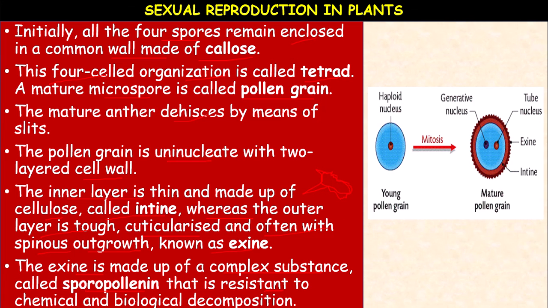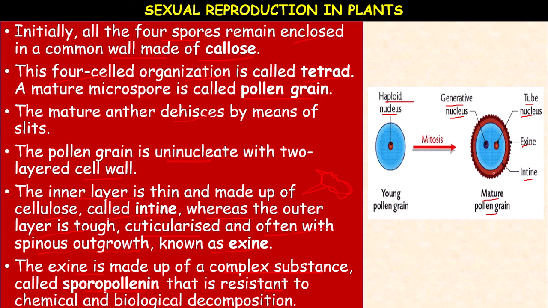You can see here a young pollen grain. It is haploid, with only one nucleus and a single chromosome set. Then it divides to produce 2 nuclei, the generative nucleus and the tube nucleus. So, a mature pollen grain consists of exine and intine.